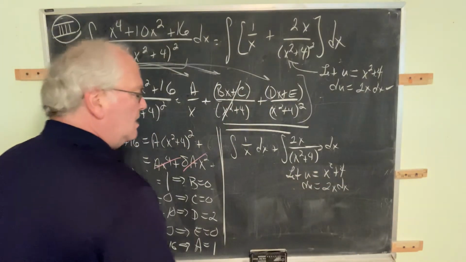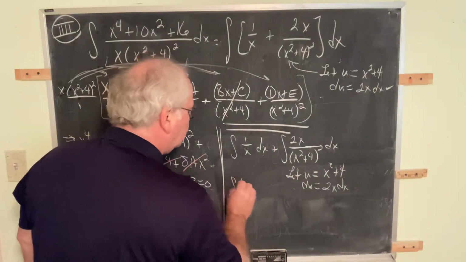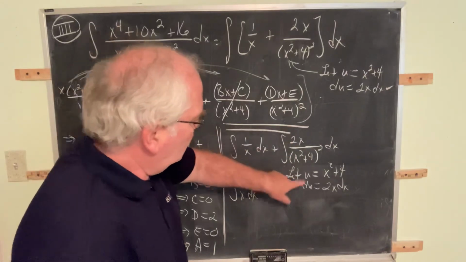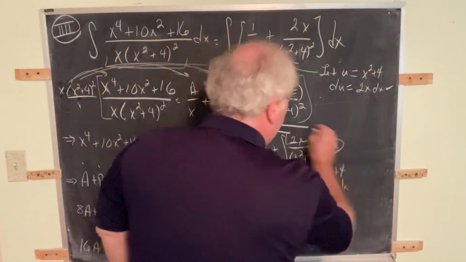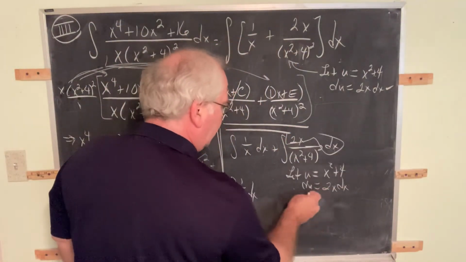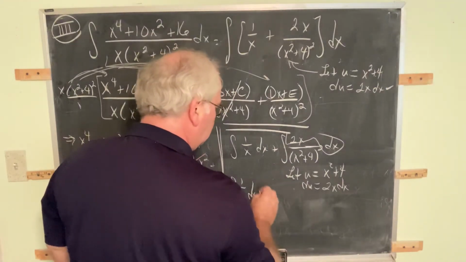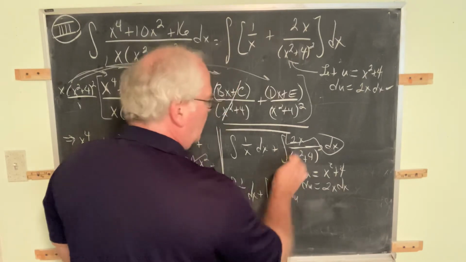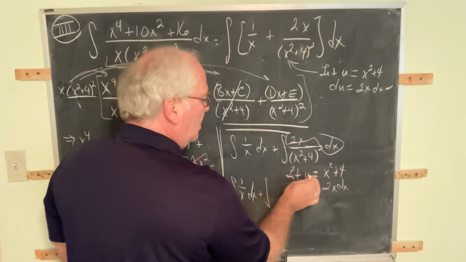All right, so what we have is 2x dx, which is du. And this is 1 over u.